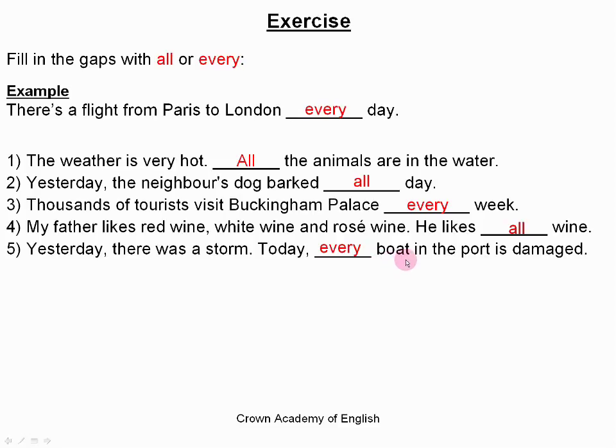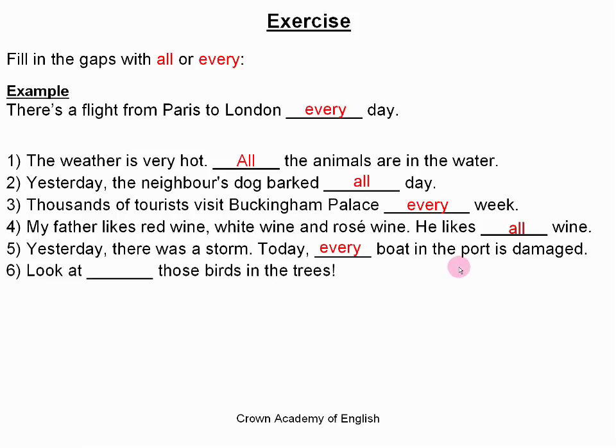It's in the singular and the verb is singular. So that means we are using the word every, because every is followed by a noun in the singular form. If we wanted to use the word all, we could have said, today all of the boats in the port are damaged. That would also be correct.